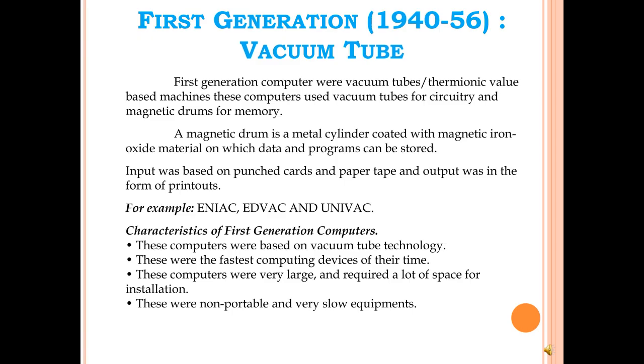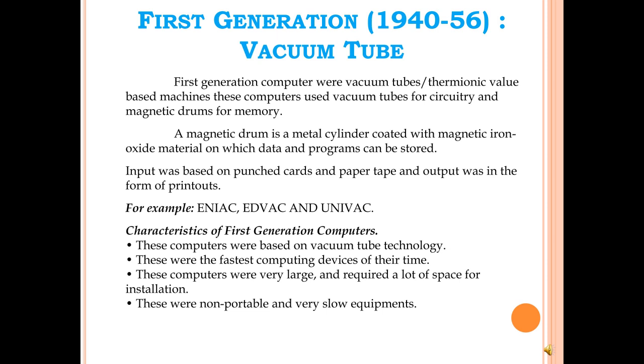Vacuum tubes were introduced for the circuit because with the help of the circuit, each and every component interacts with each other. For memory, they had a different concept called magnetic drums. What is a magnetic drum? A magnetic drum is nothing but a metal cylinder coated with magnetic iron oxide material on which data and programs can be stored.